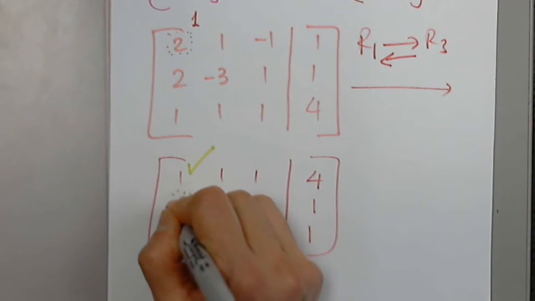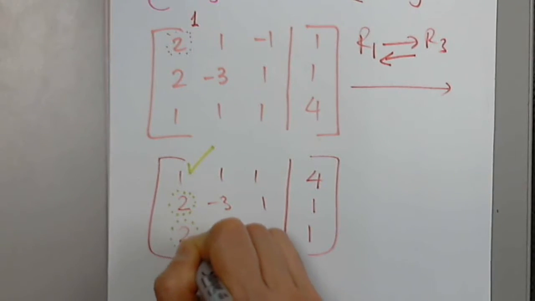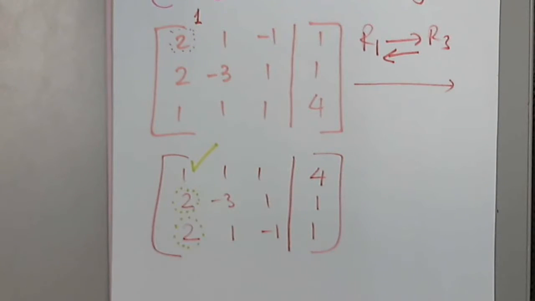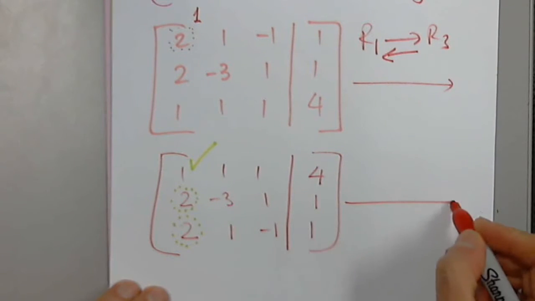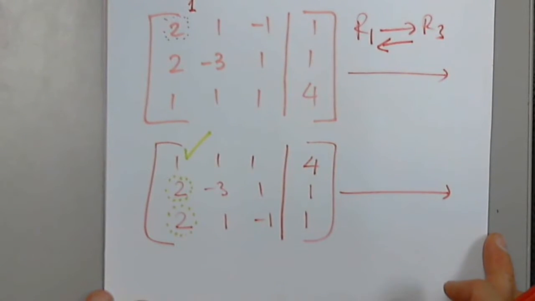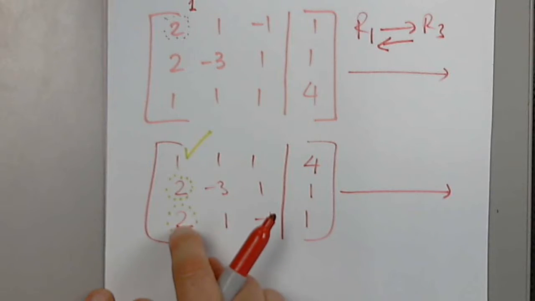Next, I have to create the zeros. Somehow, I have to get the 0 instead of this and a 0 instead of this. Which row will I have to use in order to accomplish 0, 0?